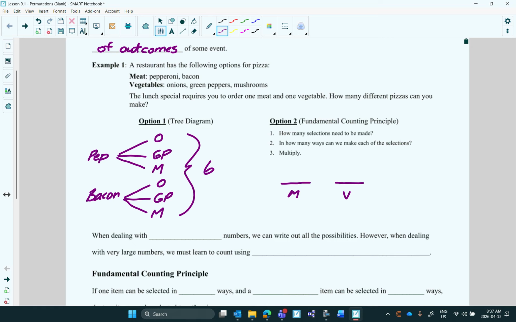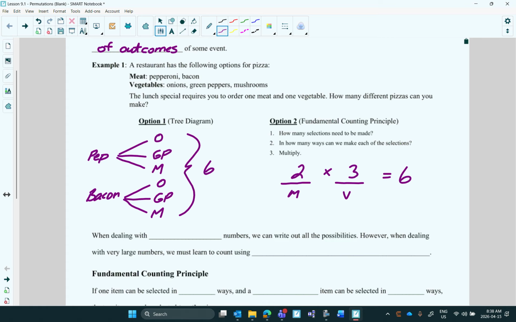And what I'm going to do is I'm going to put the number in for the possible choices for meat. How many possible choices are there? 2. How many possible choices are there for the vegetables? 3. To find the number of different types of pizza, I multiply those together. And notice again, I get 6, and we can see that's much more efficient.